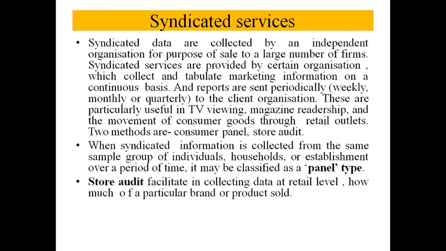They will set up a device called a peoplemeter in those households, and after that they will collect data from that device, and based on the data collected they will find out the result. Those collected data can be a good source of secondary data.